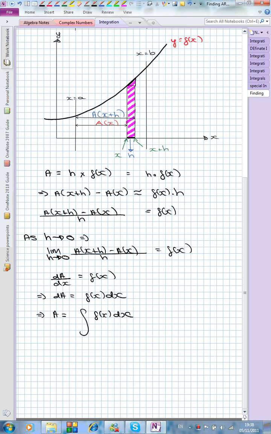So thus the integral of the function y is equal to f(x) gives the area function A(x). And if we substitute b and a for x, we get the area between the curve, the x-axis, and the lines x is equal to b and x is equal to a, which is ultimately what we were hoping to achieve.